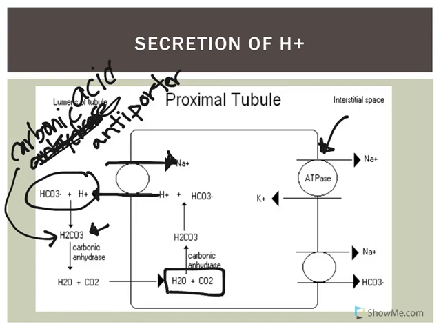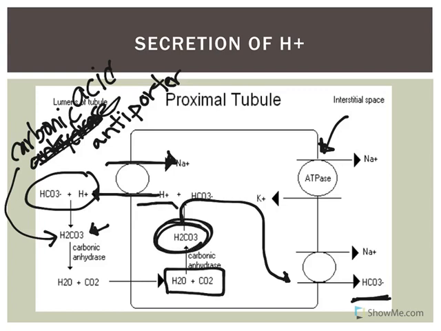And what happens, and this here is in that cell in the proximal tubule, is that they will then combine back together, which seems kind of weird. Using carbonic anhydrase, you form carbonic acid inside the cell, and then that dissociates into bicarbonate, which I'm going to co-transport on the basolateral membrane along with sodium, and I'll be able to reabsorb it. The hydrogen ion that resulted from the dissociation of carbonic acid was then just secreted.